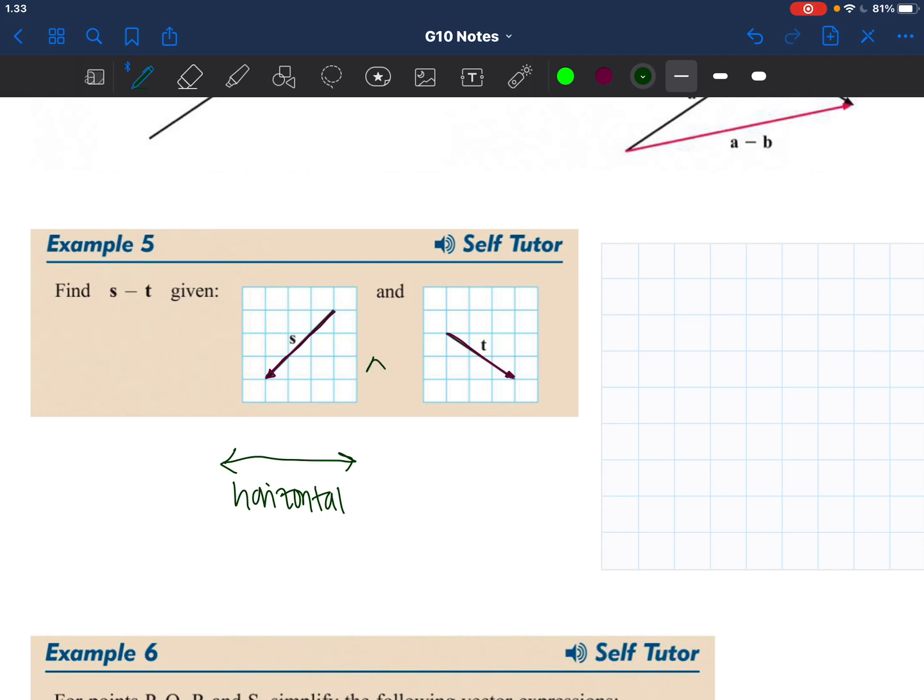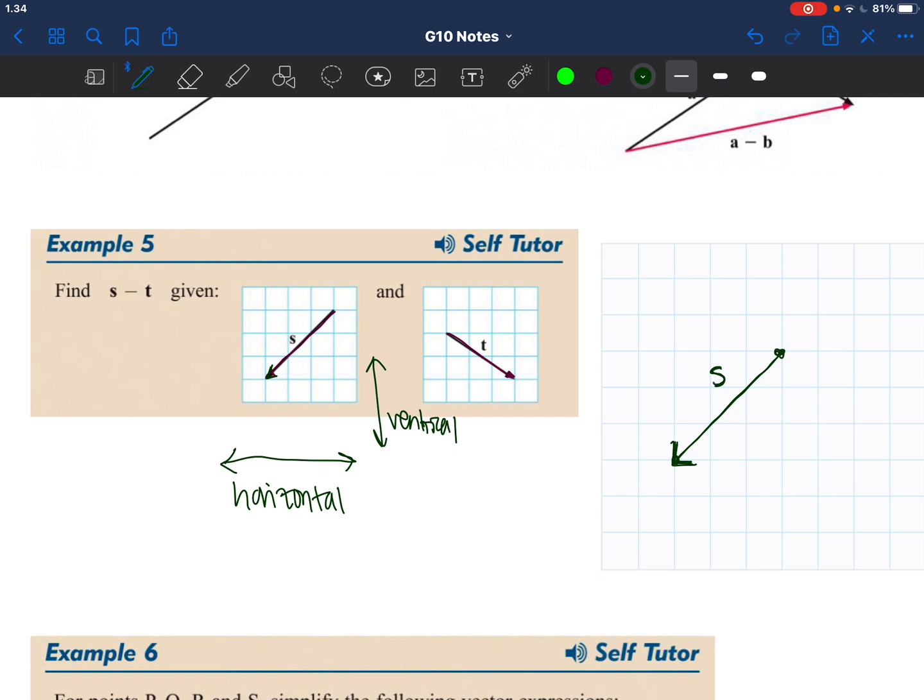And then a vertical component as well. So let's draw S first, because that's where we begin. S has 3 horizontal units. So let's do this. And then vertically, it is also 3 units up. So I'm going to connect them. Remember, it has to be this direction here. So this is S.